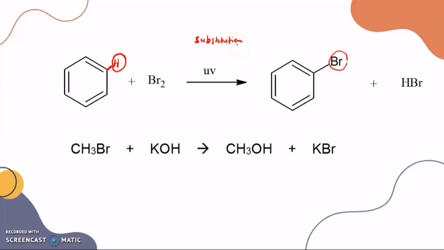But how do we determine which type of substitution? We look at the reaction site. The site of reaction is at this carbon, which is located on this benzene ring.